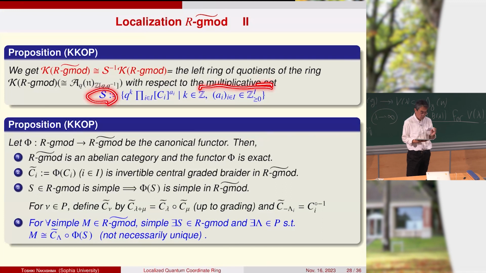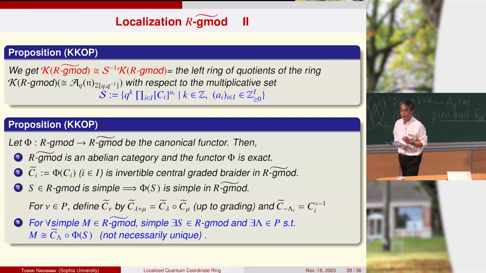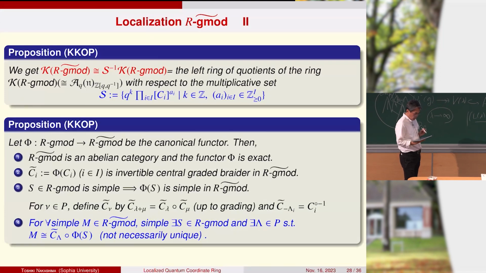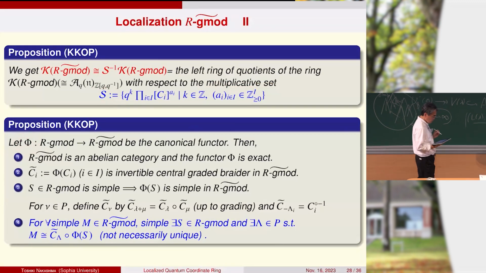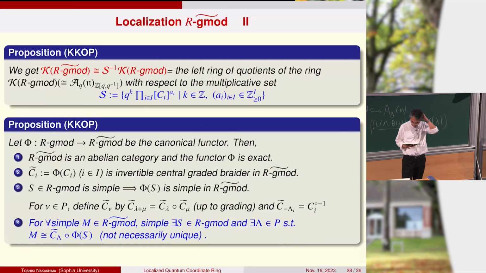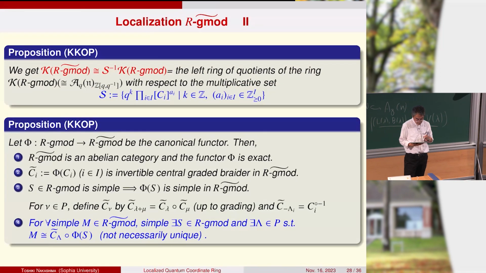This gives the denominator of these localizations. Then they have good properties. For example, this natural functor, called the localization functor, is exact.